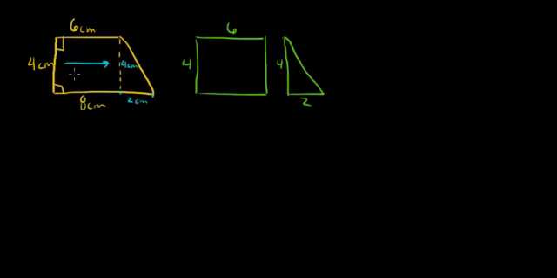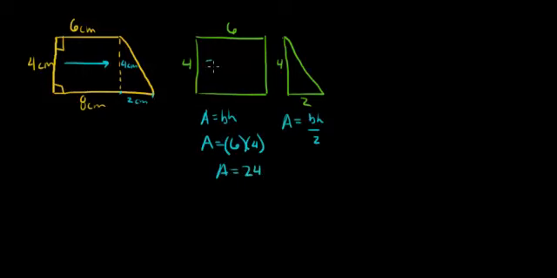We need to use area equals base times height for a rectangle, and area equals base times height divided by 2 for our triangle. We substitute in 6 and 4. So the area of the rectangle, we're looking at 24 centimeters squared here.